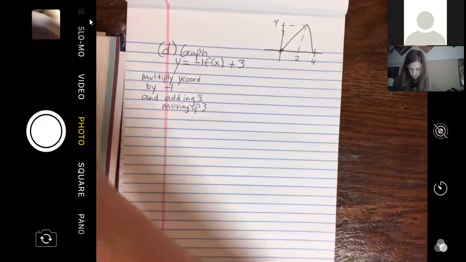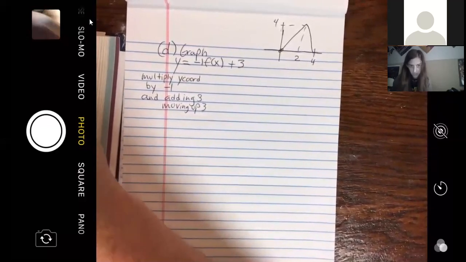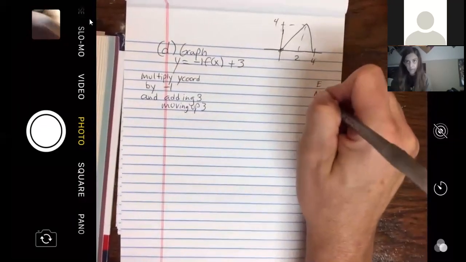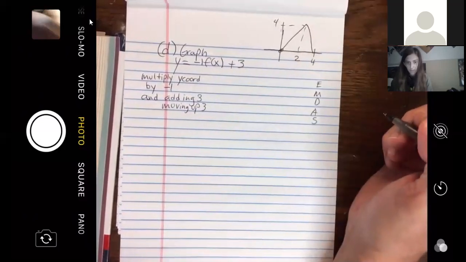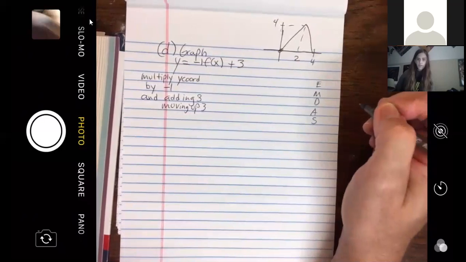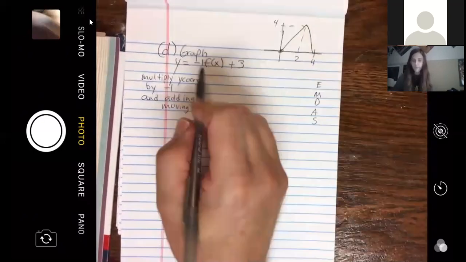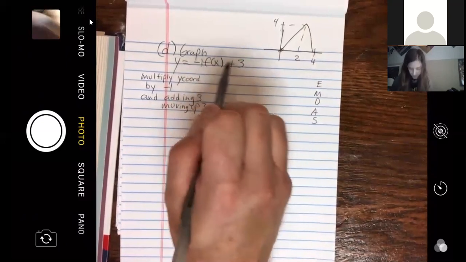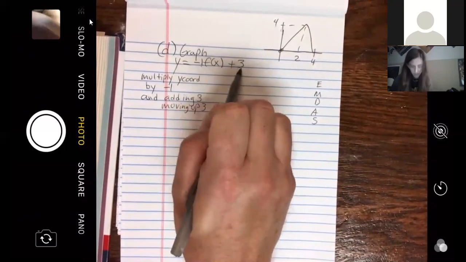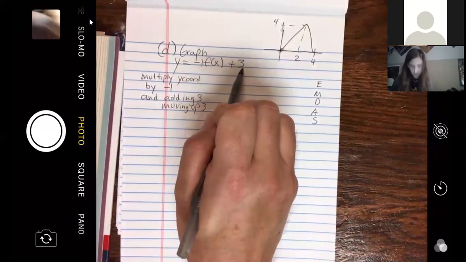You remember your basic order of operations? You do exponents, then you multiply and divide, and then you add and subtract. Yep, on arithmetic, and the same idea. You have to do this multiply first, and then move that graph up 3, in that order, to get the correct graph.